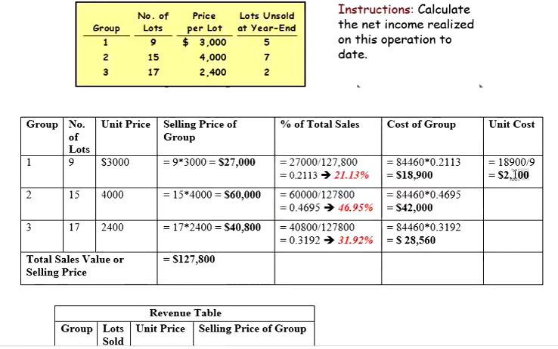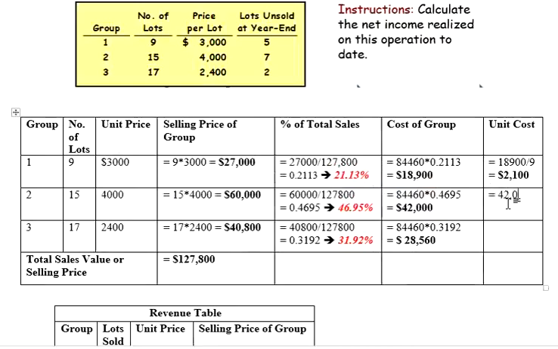Now look at per unit cost and per unit revenue. My plan was to sell one lot of group 1 for $3,000, and it cost me $2,100 per lot. So that's the relationship, the total of the group with the total of the group, and per unit with per unit. Let's go for the other per units as well.